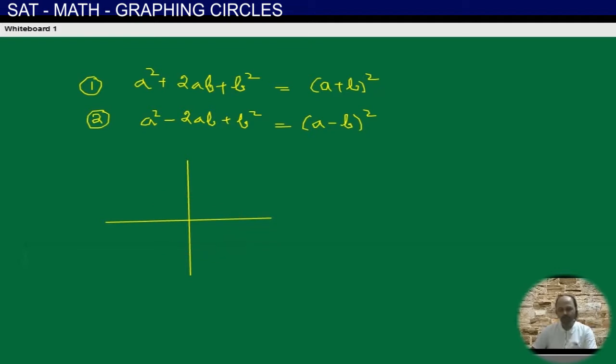The circle can be drawn in any manner. The first thing is its center, let's say h comma k. And the next thing is its radius, r. So its equation is (x minus h) whole squared plus (y minus k) whole squared equals r squared. This is the standard form.